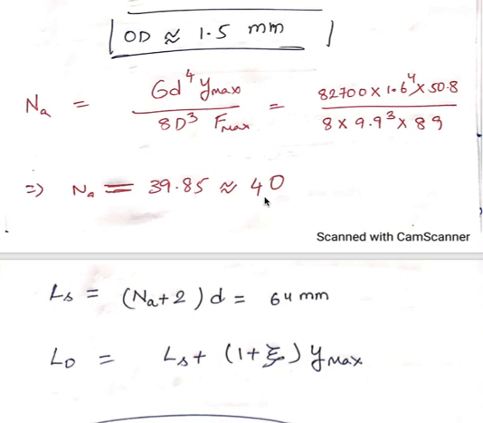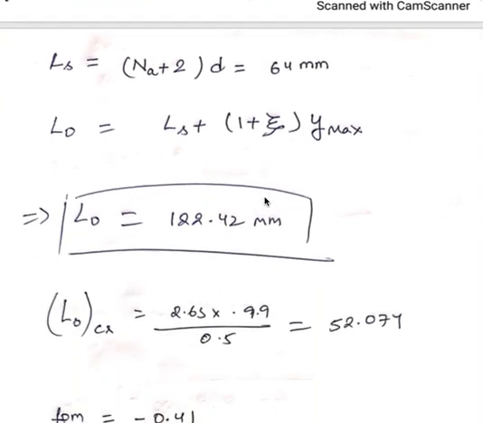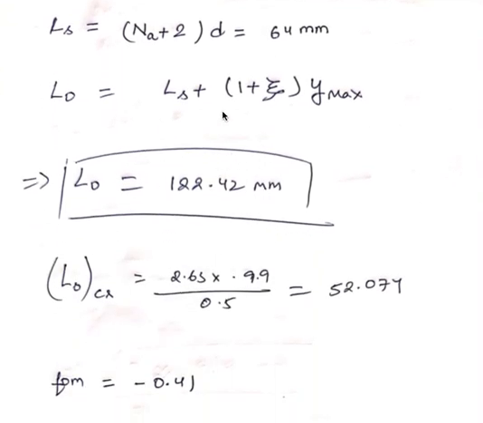And also the solid length, it's a squared end condition, so the solid length will be active coils plus 2 times the wire diameter, which comes out to be 64 mm.